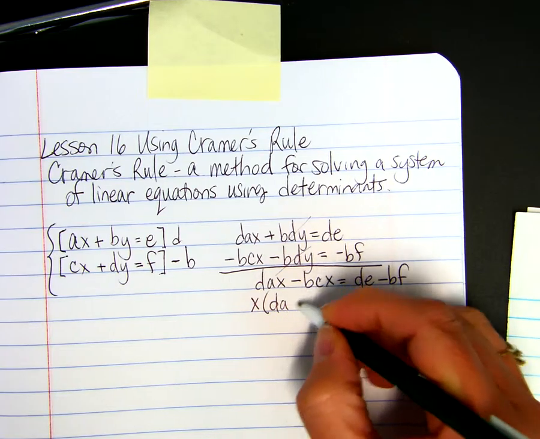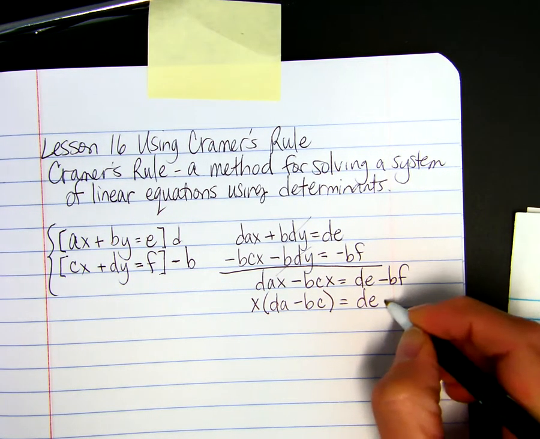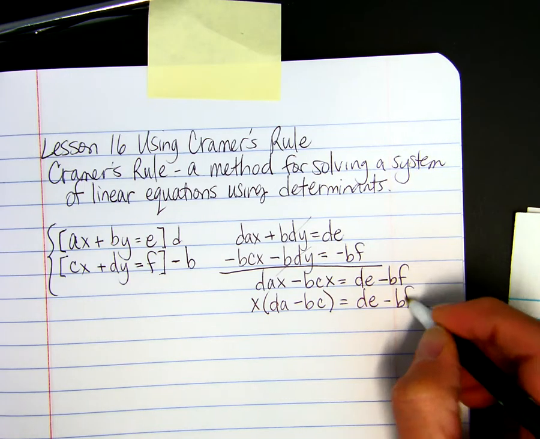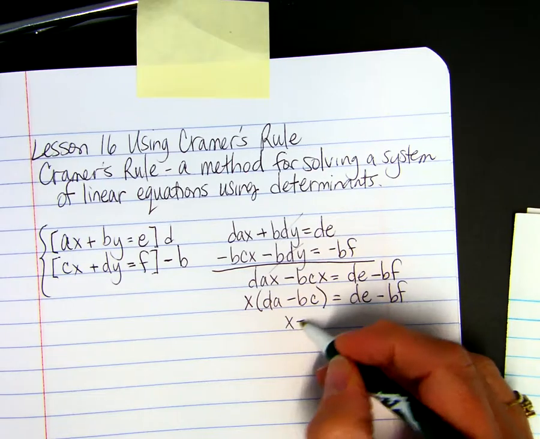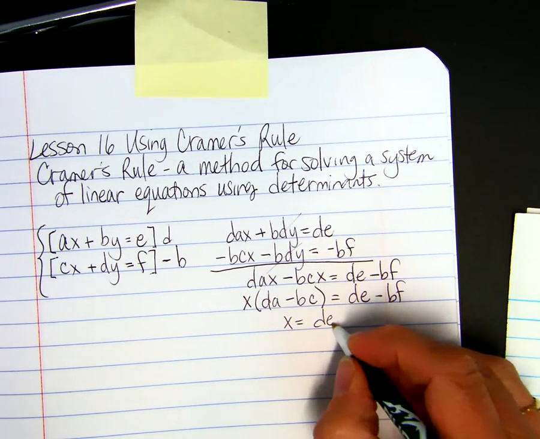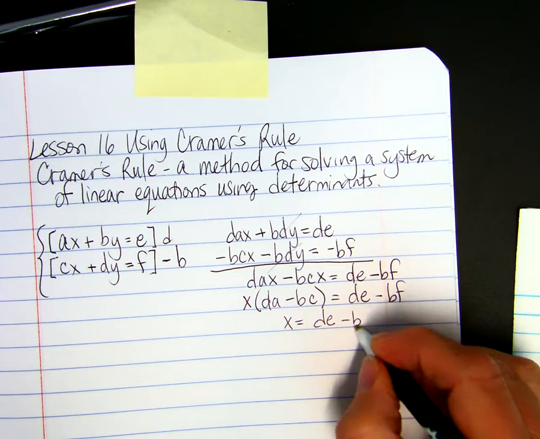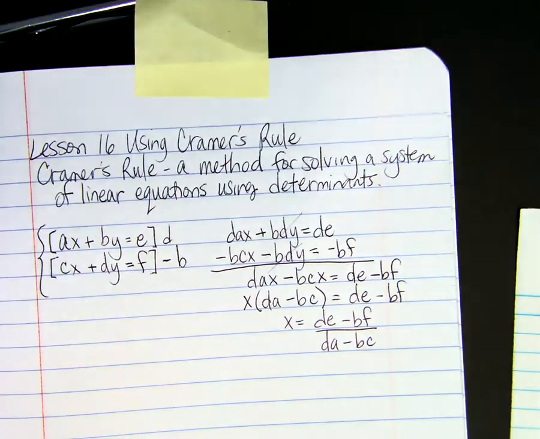So we have x times (da minus bc) equals de minus bf. Then to solve for x, we divide both sides by da minus bc. This one's so much easier.